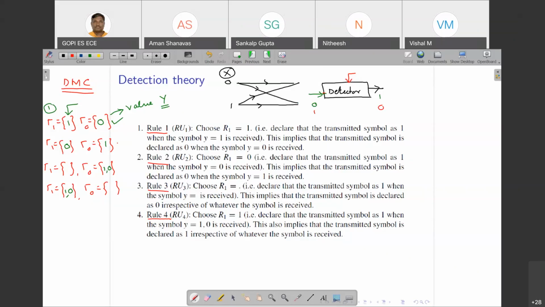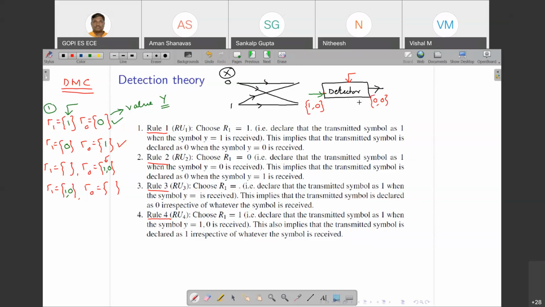In the third case, irrespective of whatever you give as input, either 1 or 0, you always declare it as 0 only. You always declare 0 irrespective of whatever you get here.